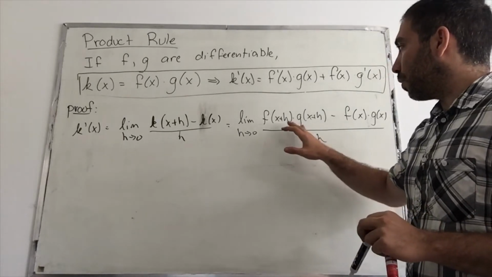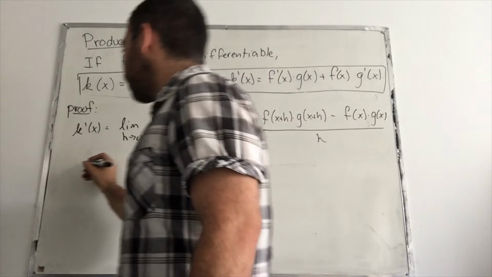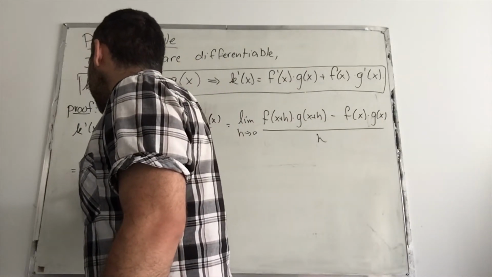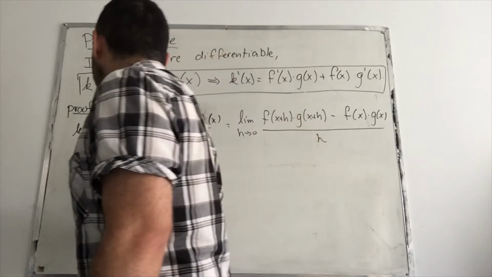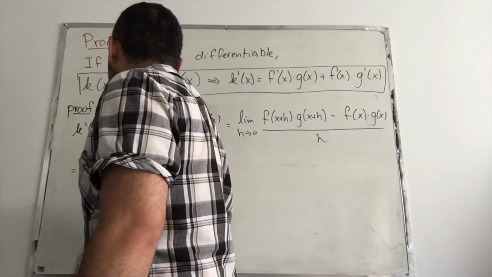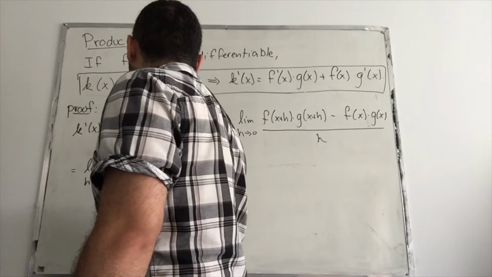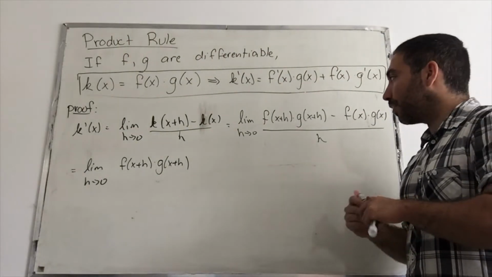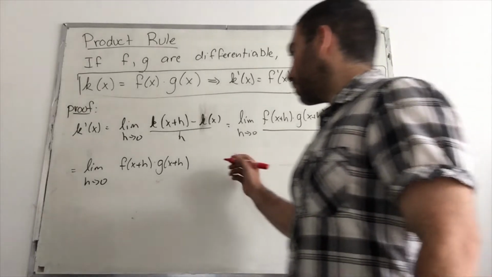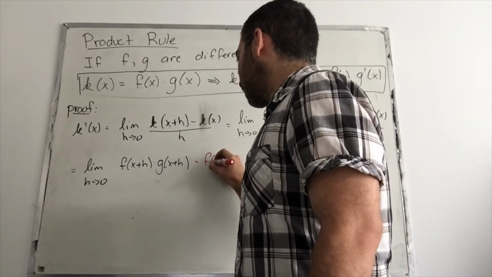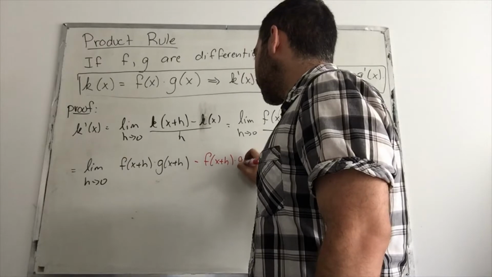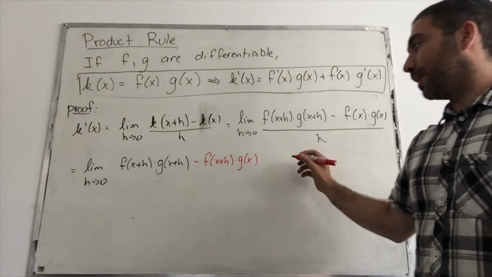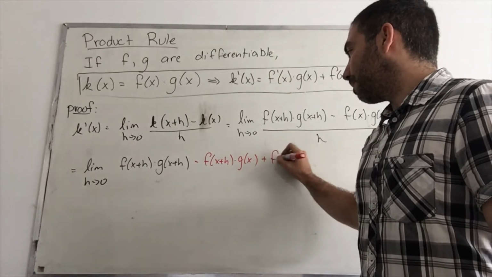So what we're gonna do is take our limit here, whatever's written in black, I'm gonna keep it. So limit as h goes to 0, I'm gonna keep the first term, f of x plus h times g of x plus h. But what we're gonna do now, I'm gonna do it in red, is I'm gonna subtract out a term and add a term. So we're gonna subtract the term f of x plus h times g of x and then add it back in.